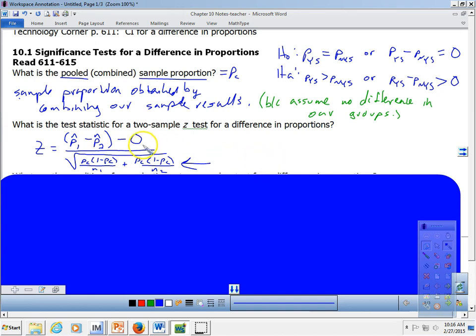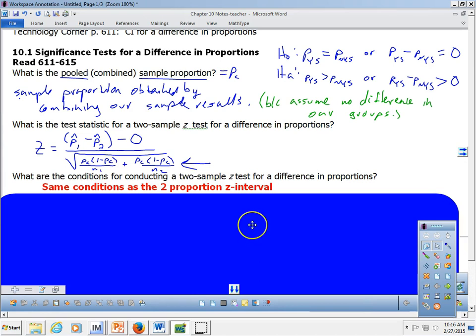So your test statistic ends up looking something like this, right? That's going to become our z-score. That's going to let us know in terms of standard deviations how far away this difference is from our claim, and that'll lead to our p-value, which is the probability of getting that difference or a difference bigger than that just by random chance, okay? And that's the basis for our significance test. That's our only difference, okay?